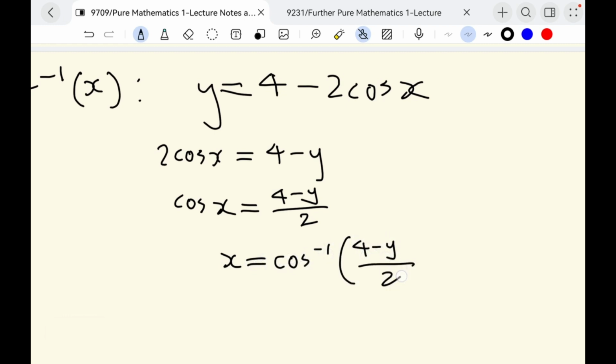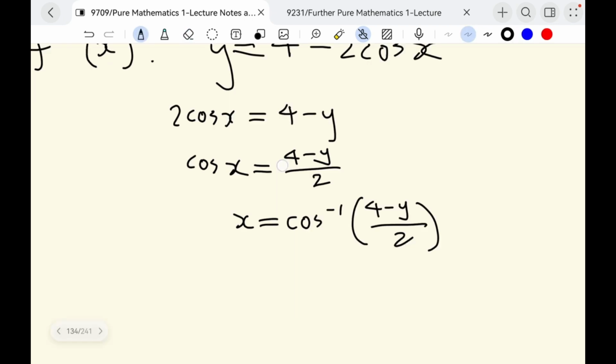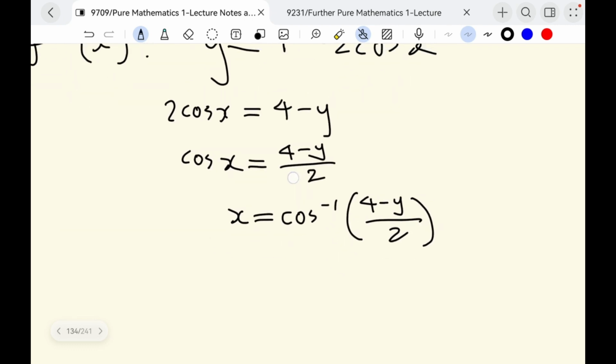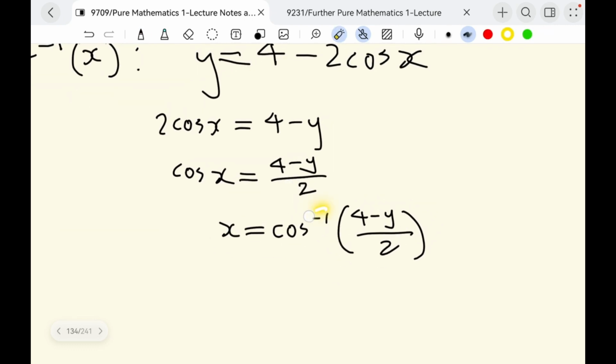But in pure mathematics, just write the arc cos as cos with the -1 on top. Okay? And I don't encourage students or candidates to write arc cos as arc cos, because there are 2 letters of s. Okay, this makes you very confused. To avoid any unnecessary mistakes, just write cos and then -1 on the superscript.